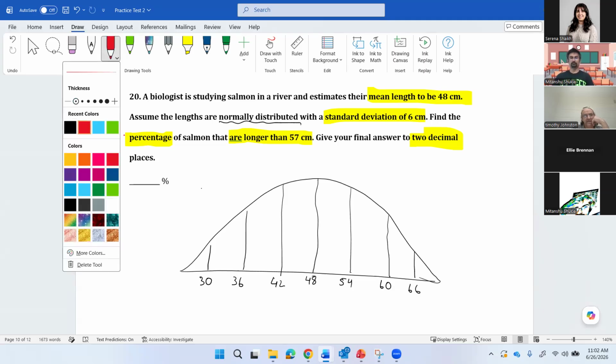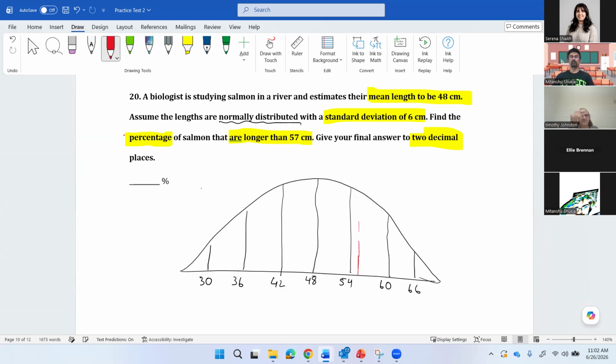Yeah, so I know that 57 is over here somewhere. It doesn't need to be perfect, but the visualization to keep us in a sanity check is important here. And we want stuff that is longer than that, so I care about all of the stuff to the right of that line.